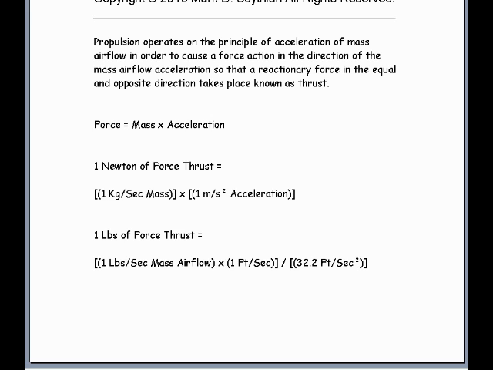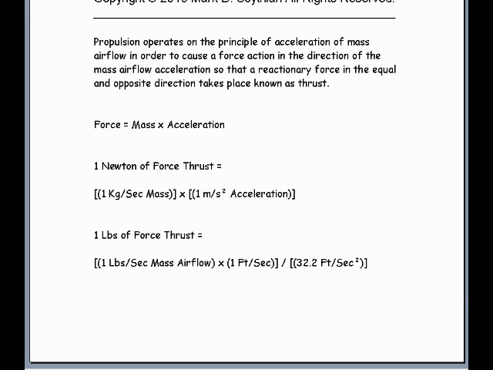Propulsion operates on the principle of acceleration of mass airflow in order to cause a forced action in the direction of the mass airflow acceleration so that a reactionary force in equal and opposite direction takes place, known as thrust. Force is mass times acceleration.